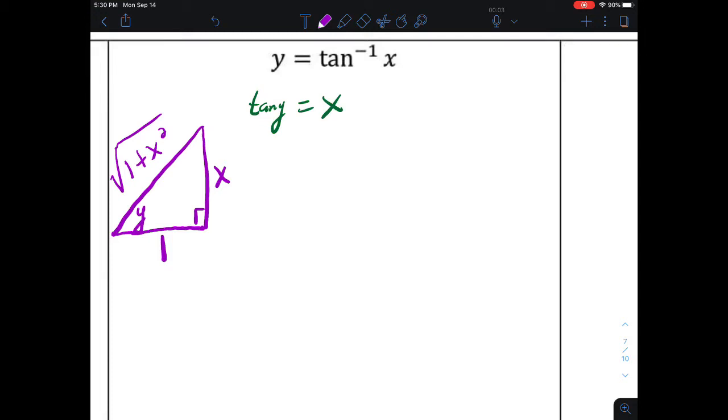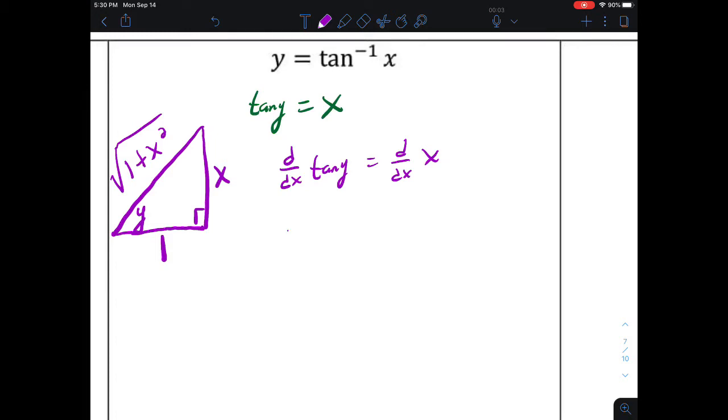So we go back to our equation, and now we take the derivative of both sides with respect to x. The derivative with respect to x of tangent of y equals the derivative with respect to x of x. For the derivative of tangent of y, you have to do the chain rule.